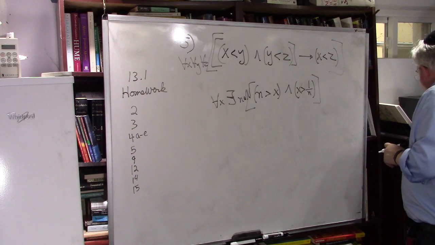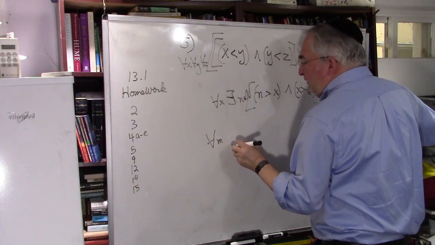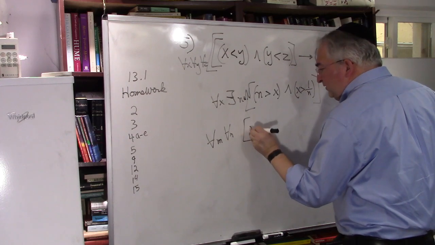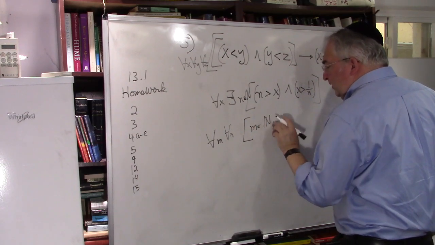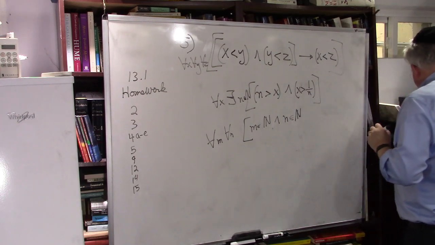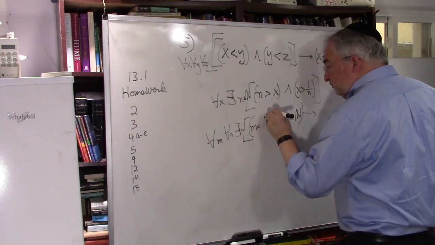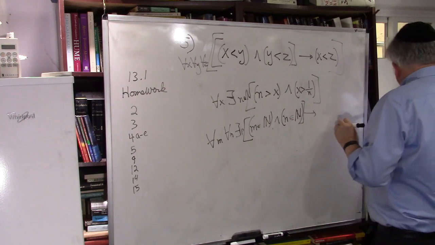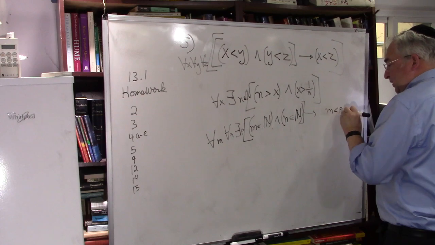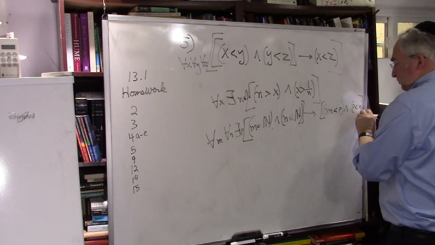For every m, n, there exists a p such that for all m, for all n, okay, let's write it like this: m is in N and n is in N, there exists a p, implies there exists a p such that m is less than p and p is less than n. Okay, that's C.